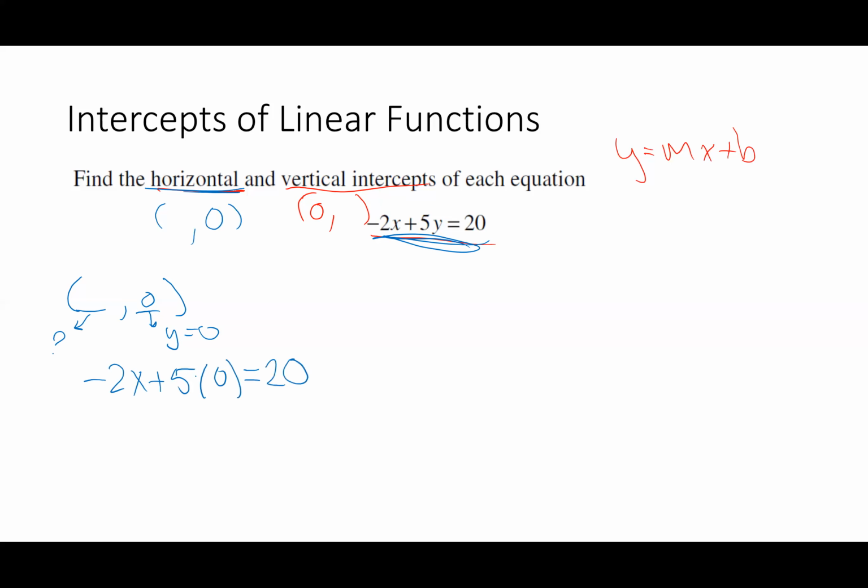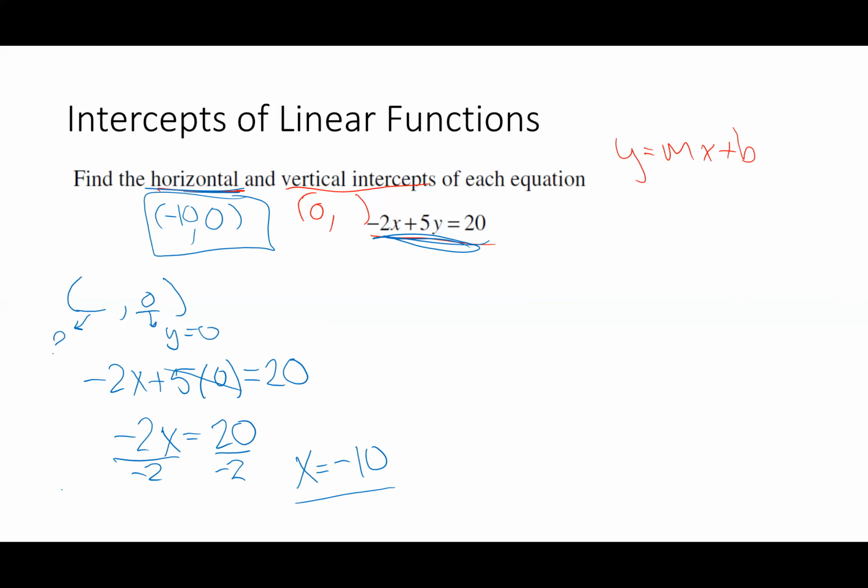All right, so this knocks out, and I end up with -2x is equal to 20. Now I divide both sides by -2, and I get x is equal to -10. Now, mind that we're asked for these intercepts, so we need to write these as coordinates. So (-10, 0) is going to be my horizontal intercept.